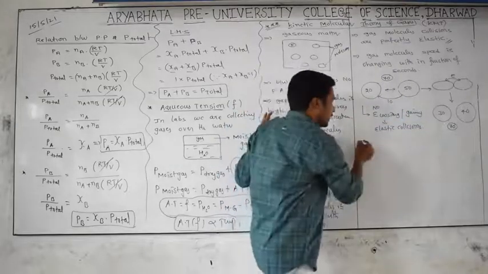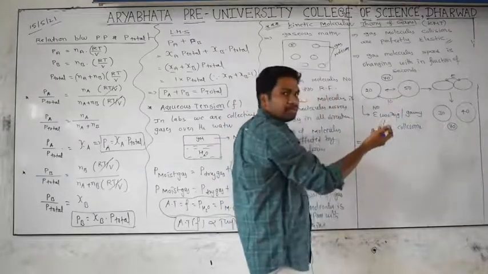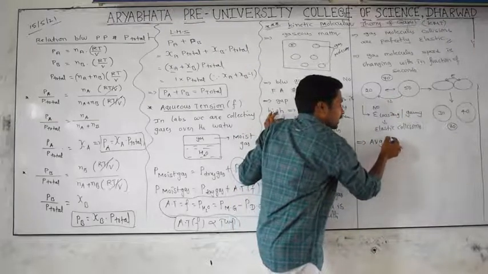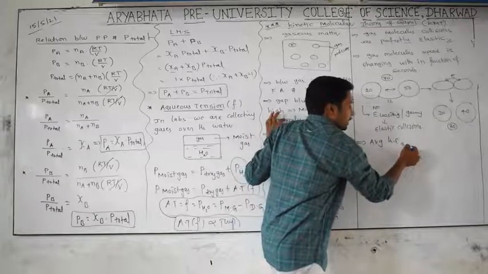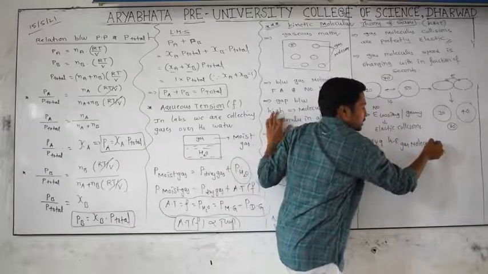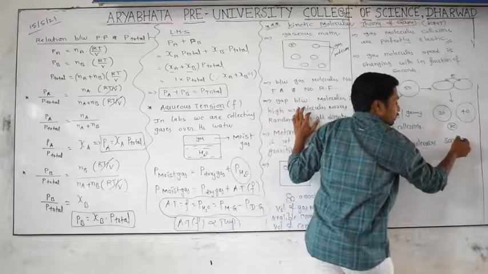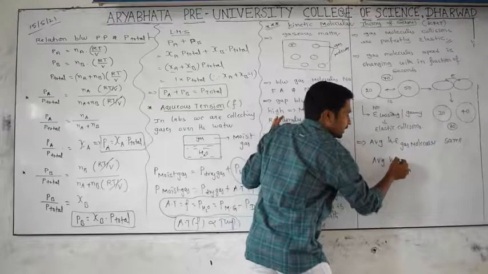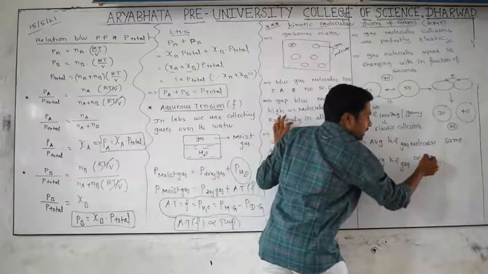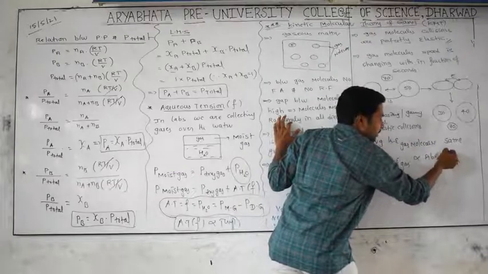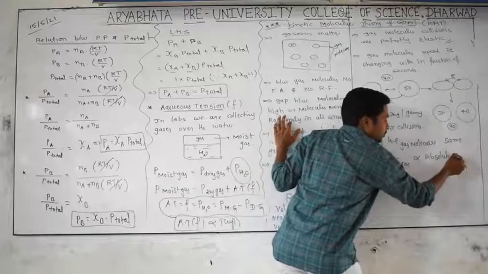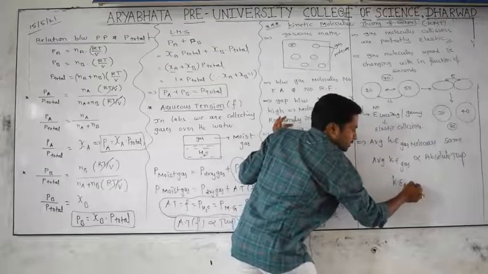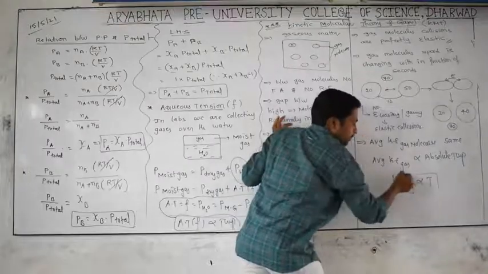That's why we say average kinetic energy remains the same. The average kinetic energy of gas molecules remains the same before and after collision, and this average kinetic energy of a gas molecule is directly proportional to absolute temperature. So write down here: KE, average kinetic energy, is directly proportional to capital T.